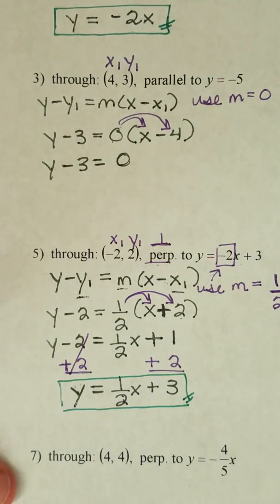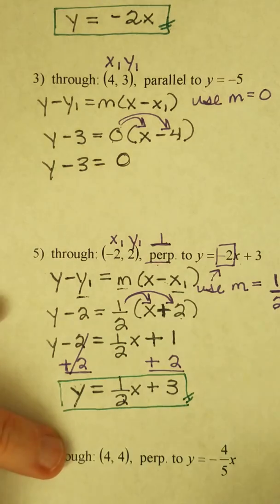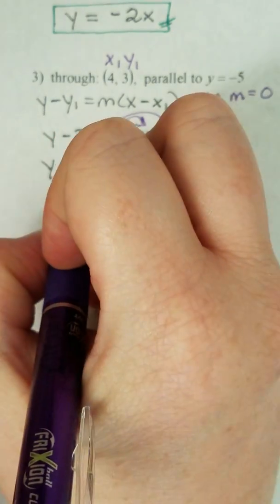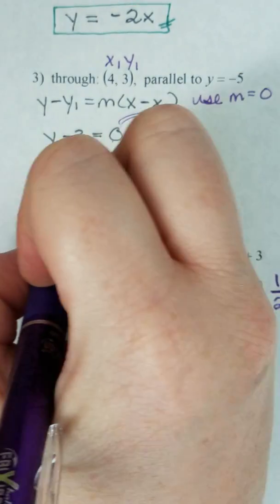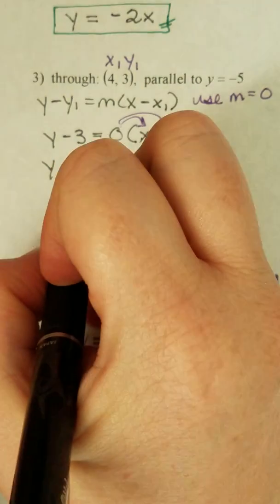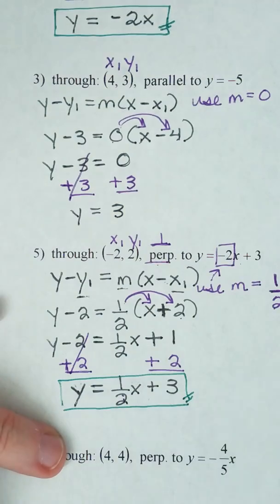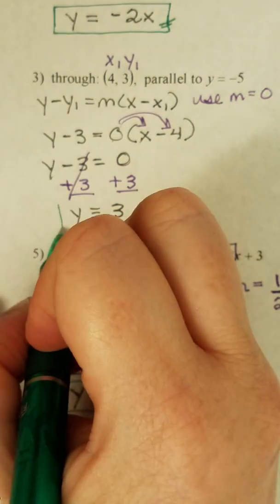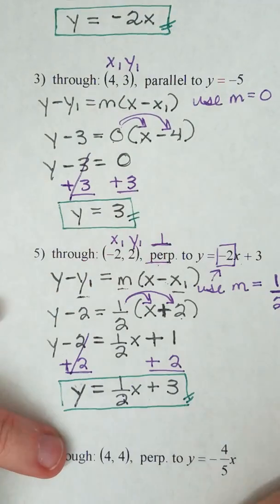There's no x term there because the slope is 0. So I know that that looks weird, and some of you might be like, what? But that's okay. If the slope is 0, then there's not going to be an x term, and you're fine. So we have y equals 3, and that is our final answer.